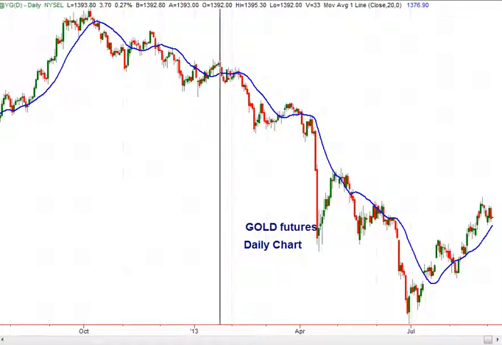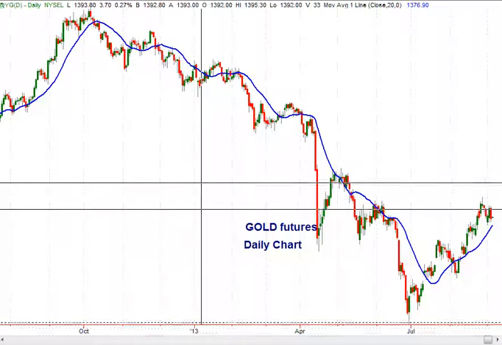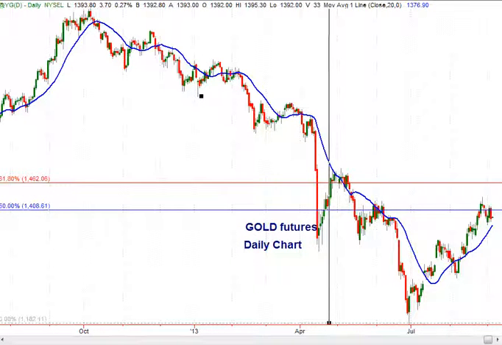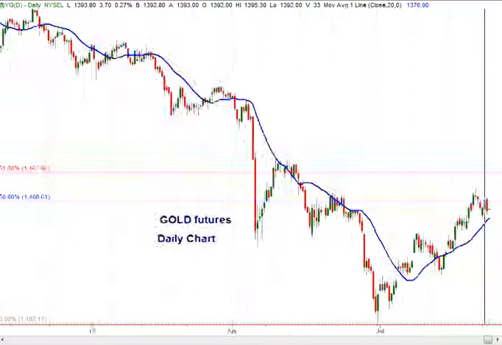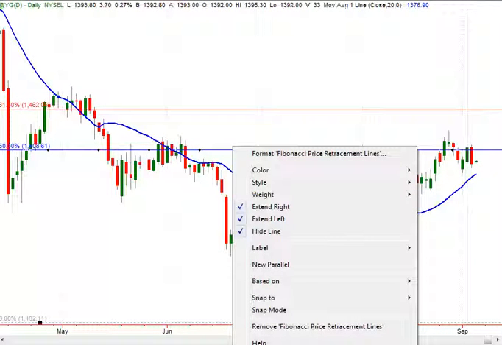On the weekly I showed this setup, which could be the current setup, and I want to leave it there. So a confirmation that things have really changed will only come if price moves up above 1463.